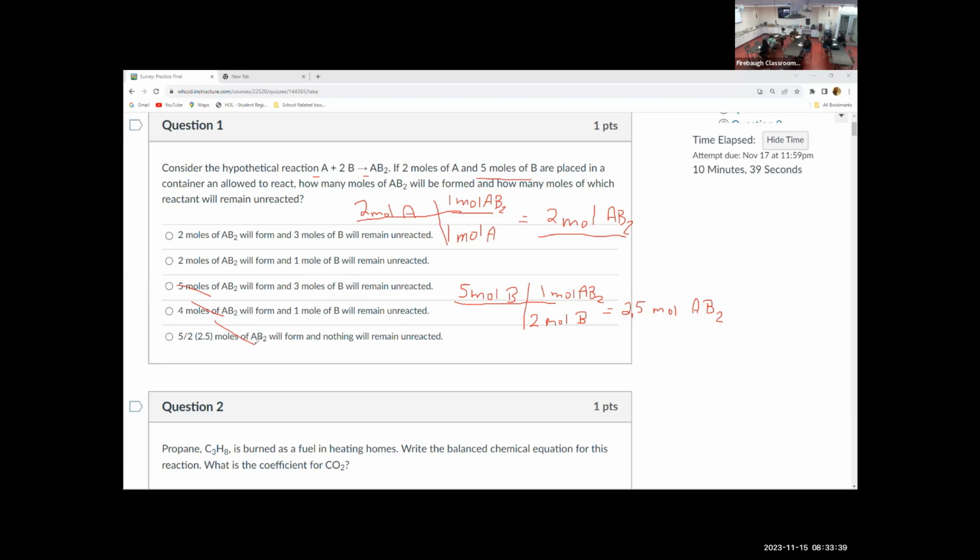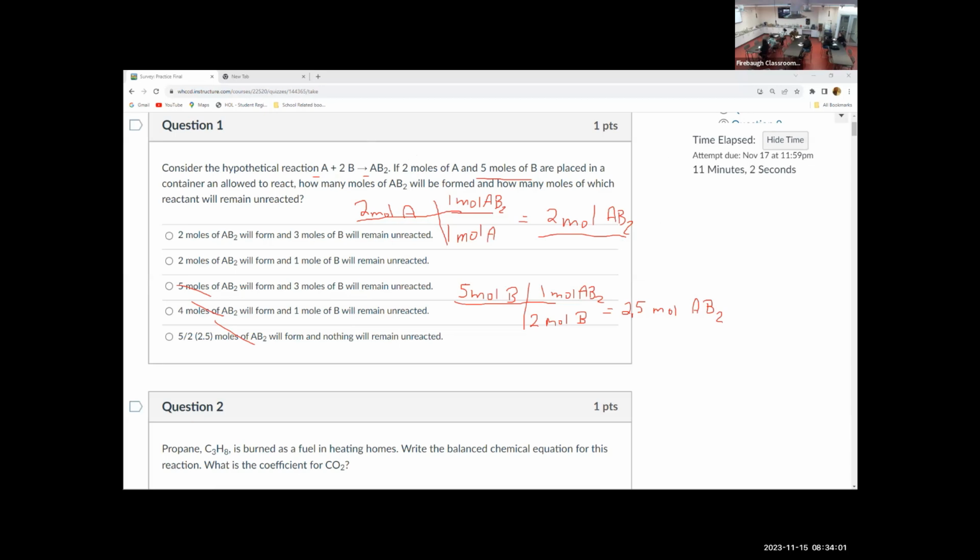Okay, now the second part of it. If we have 2 moles of AB, then how many moles of B are going to be needed to make that? And then how many moles are going to be left over? So now we know we have 2 moles of AB, we can work our way backwards.